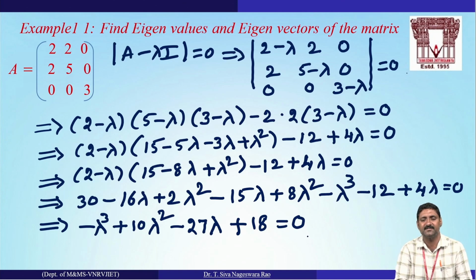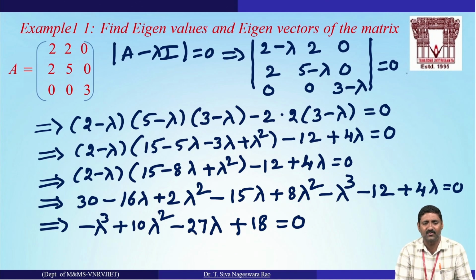So my sincere request to all of you is, please focus and apply more concentration whenever you are finding the determinant of the characteristic matrix. Yes, now we are getting the characteristic equation: minus lambda cube plus 10 lambda square minus 27 lambda plus 18 is equal to 0.